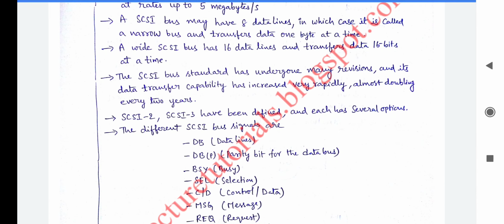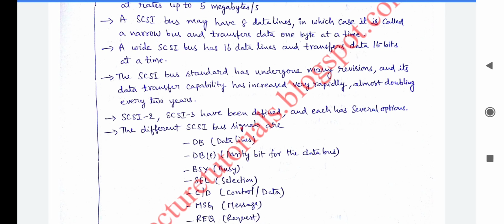Many versions of the SCSI bus have been released, so every 2 years the data transfer capability of the SCSI bus doubles. SCSI 1, 2, 3 have been defined, and each has several options.